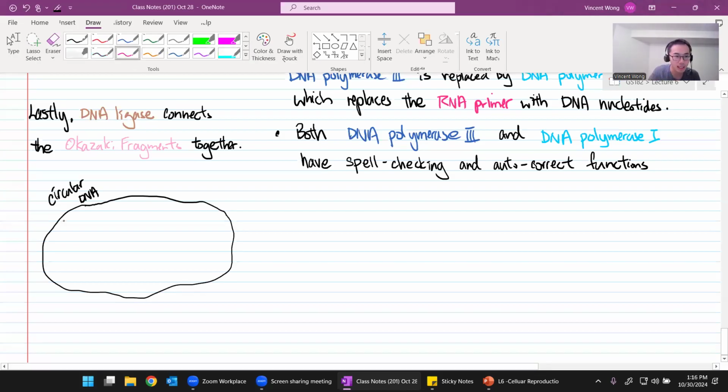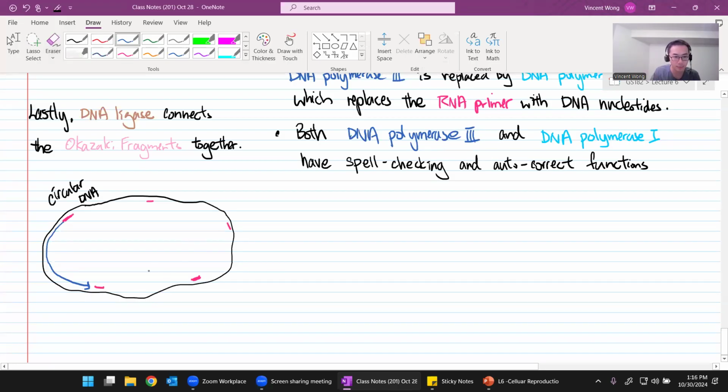Just watch first. You're gonna have a primer, okay, and then you might have multiple primers. Never mind the 5' and the 3' for the moment. That's not the point. The point is this is gonna keep going, keep going, and then number three is gonna fall off. Number one's gonna take away the primer and change it to DNA.